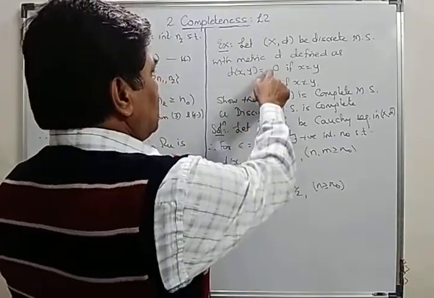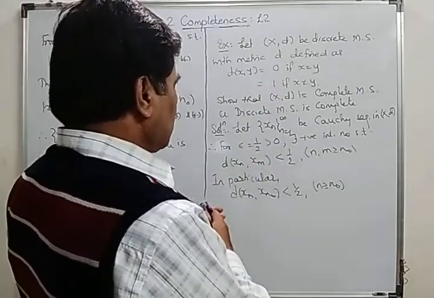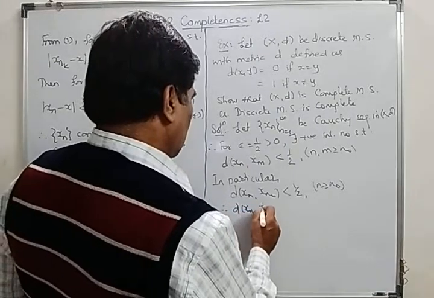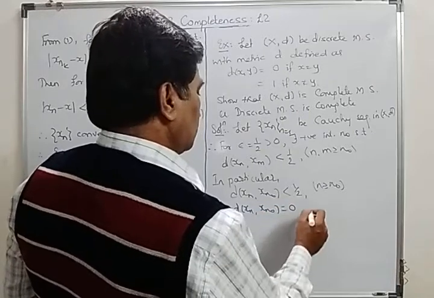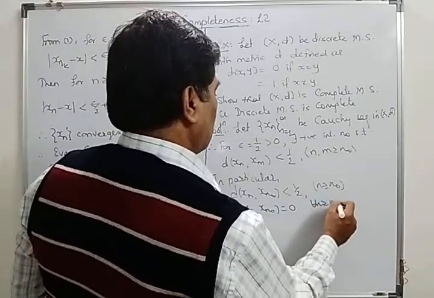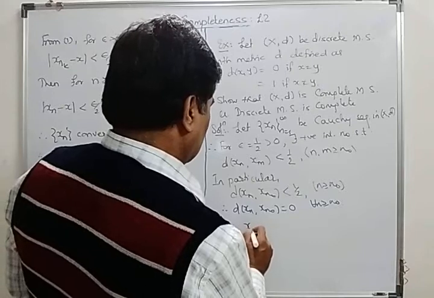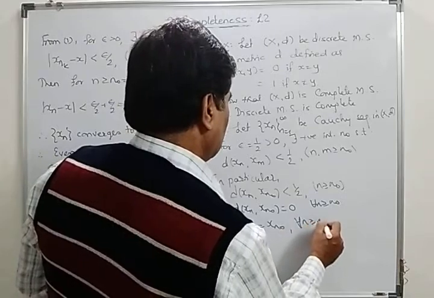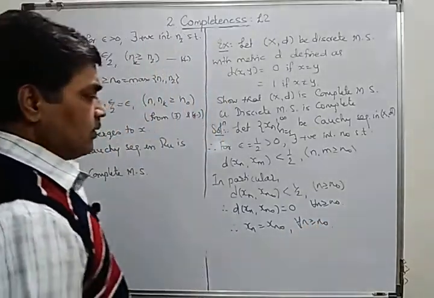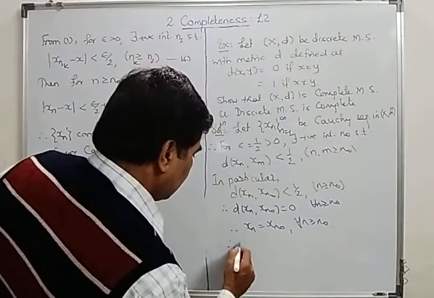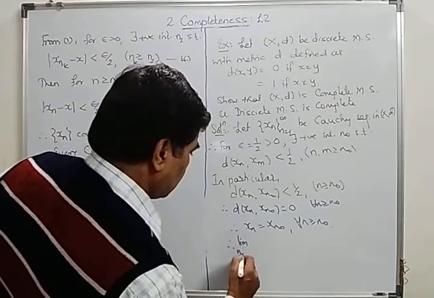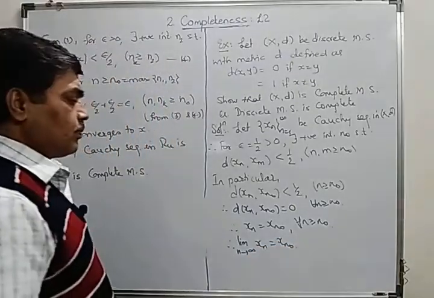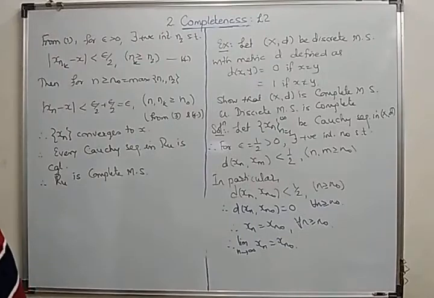But distance is either 0 or 1, and therefore d(x_n, x_n0) must be 0 for every n greater than or equal to n0, and therefore x_n equals x_n0 for every n greater than or equal to n0. Therefore the limit as n tends to infinity of x_n is x_n0.